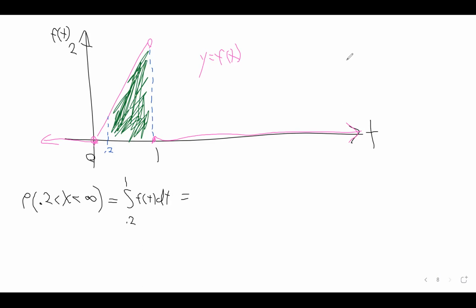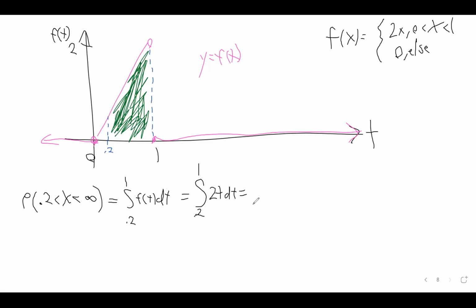Remember, our f of x is equal to 2x for 0 less than x less than 1, 0 elsewhere. Right? And so this is the definite integral from 0.2 to 1 of 2t dt.